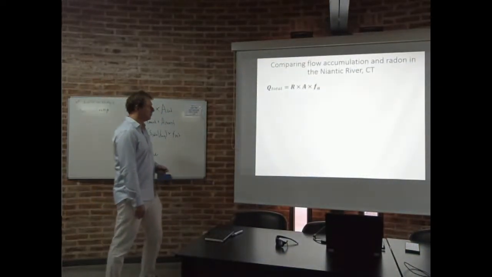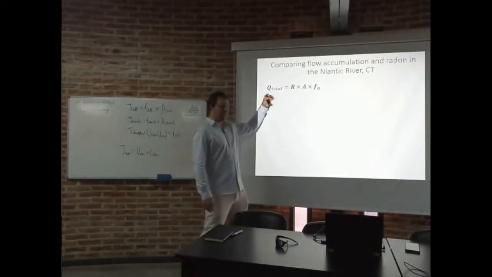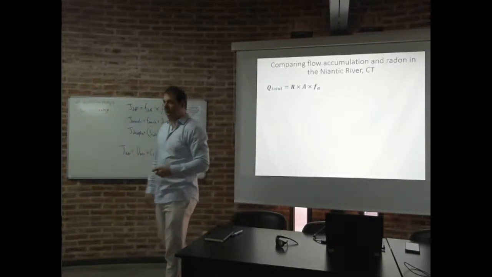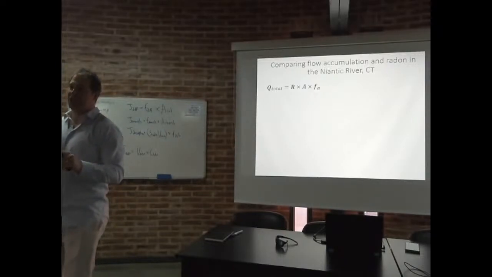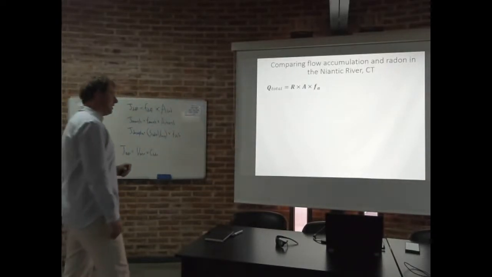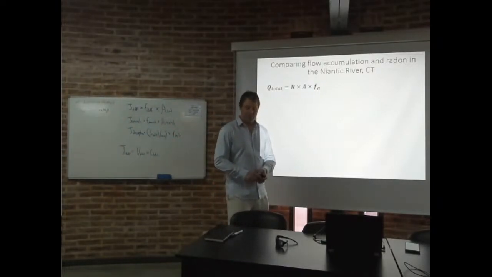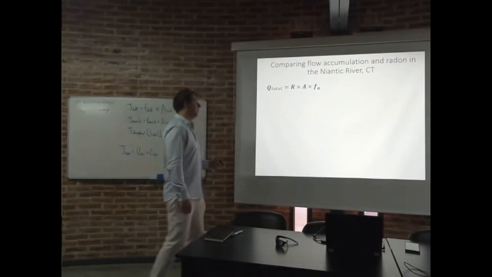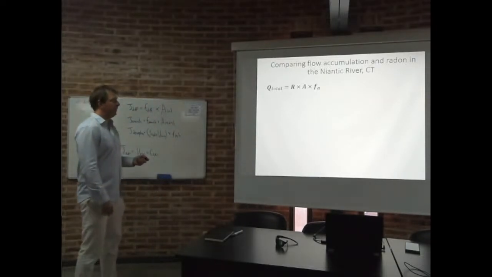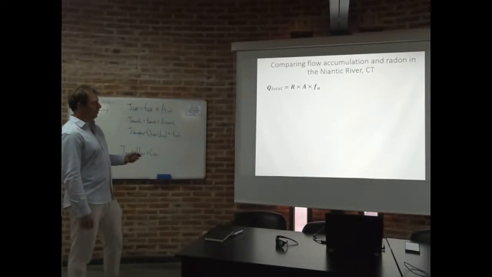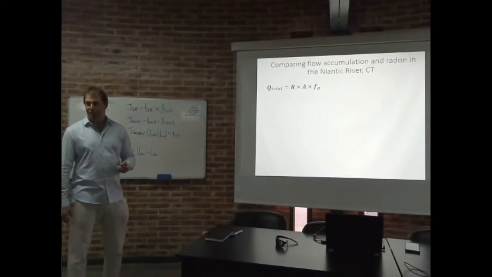So, coming back to our calculations, how can we now use GIS and a DEM to actually calculate SGD? Well, it's quite simple. Basically, you can use, for the area, your recharge.